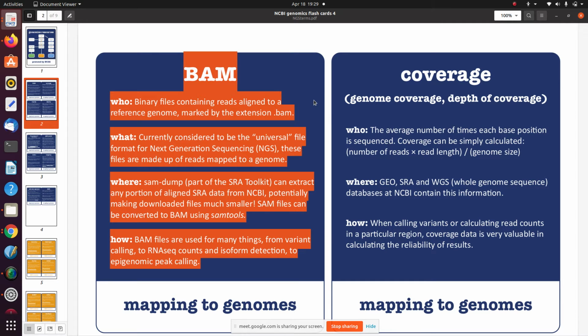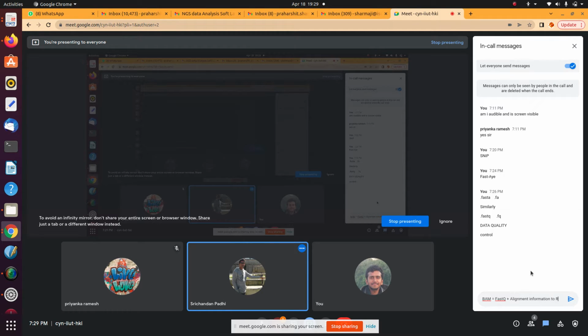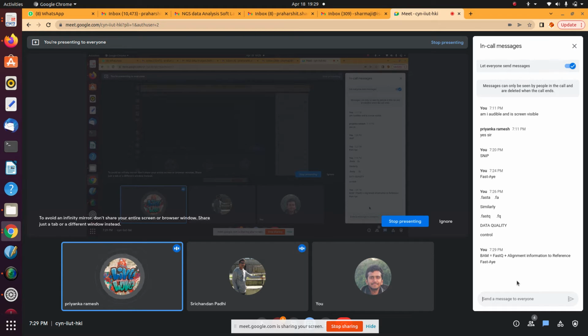So BAM file is nothing but FASTQ plus alignment information to a reference FASTA file.